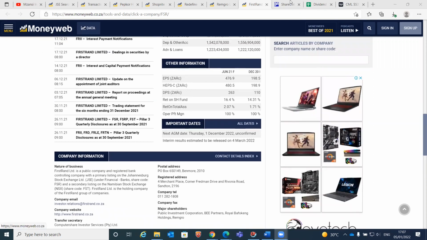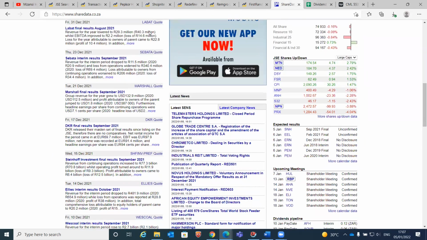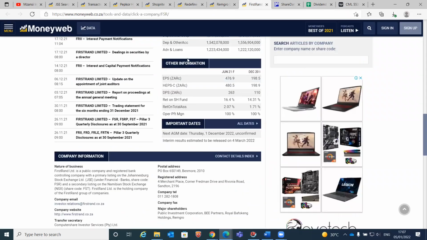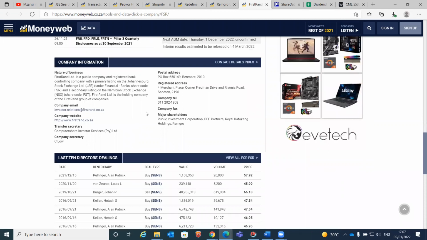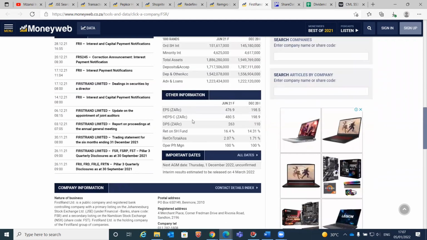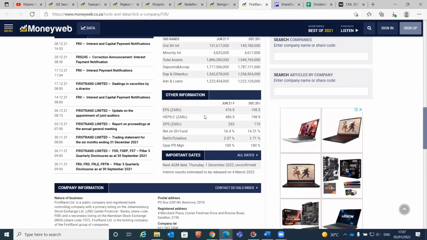The other website is Sharedata, where I normally get the stock exchange news services, right? So now we have some background information on Firstrand, what it does, the dividend yield. You can find information regarding the balance sheet, income statement, and any other information that you find useful, okay?